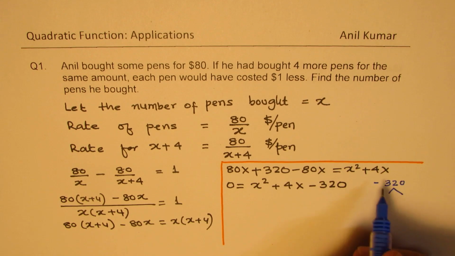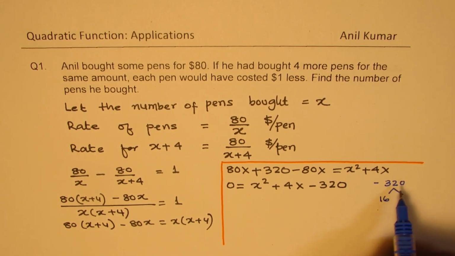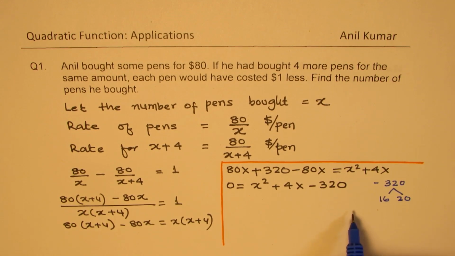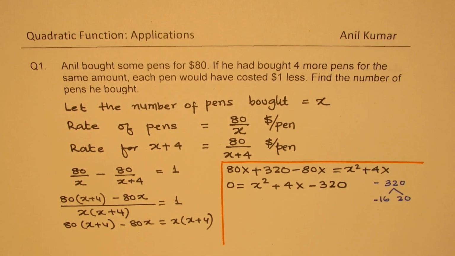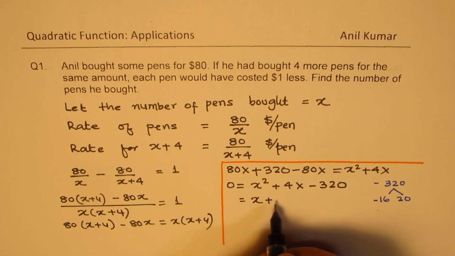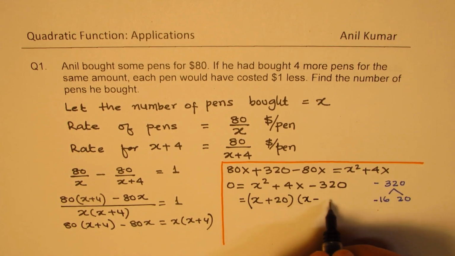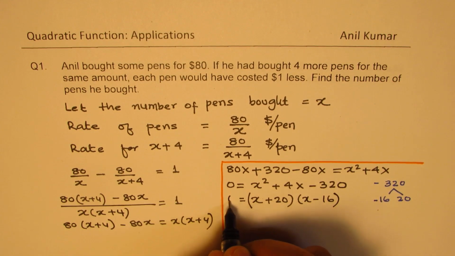This is negative number. We could write this as 16 times 20, right? Do you see that? 16 times 20 is 320. And if I keep the number 16 negative and that is positive, when I add them, I get 4x. Perfect. So that means I could use sum and product, and I can write this as x plus 20 times x minus 16, right, equals to 0.